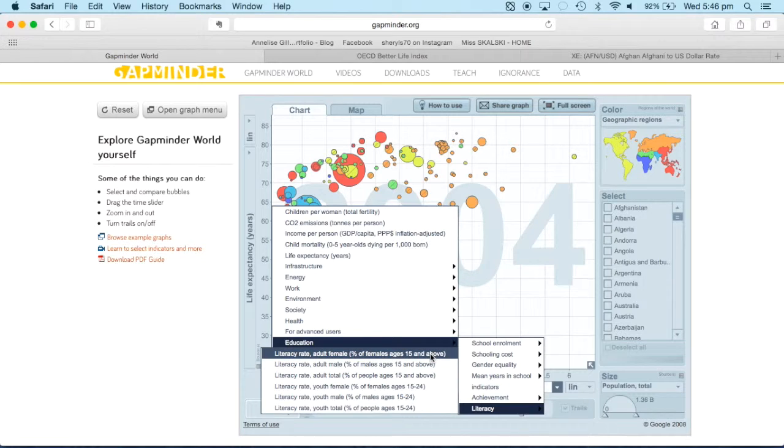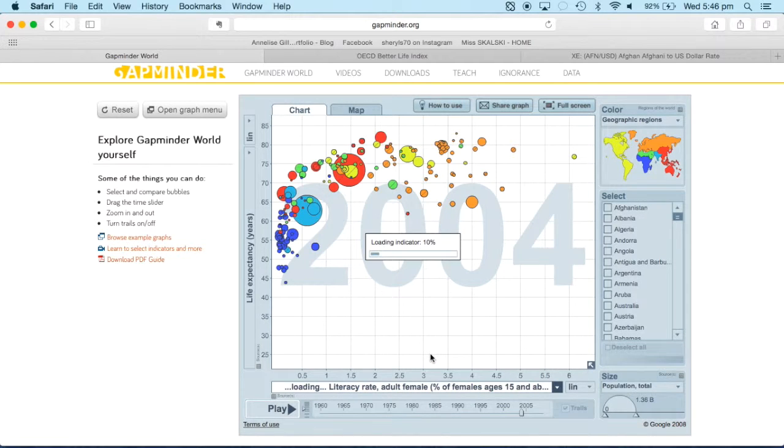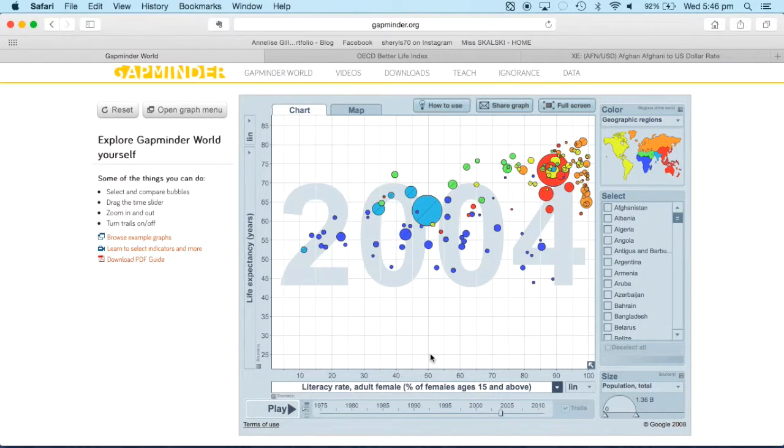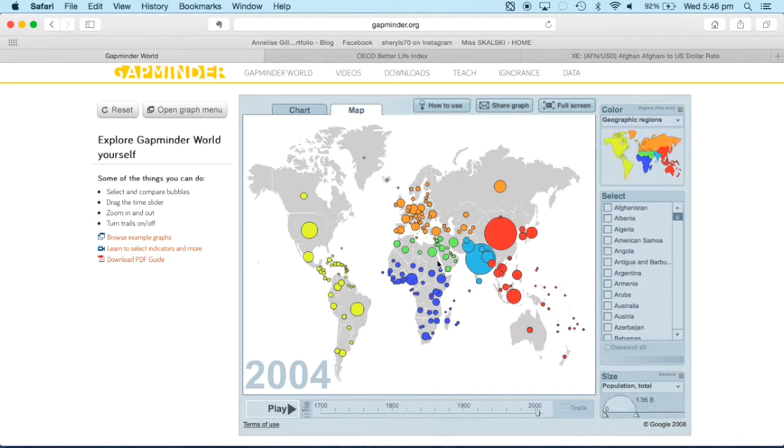So particularly looking at, well, whether it's male or female, literacy rates for male and female tend to be quite similar. But we can see here a whole range of countries. Once again, we go to the map, which makes it a little bit easier to read. If they have a high literacy rate, then education tends to be valued in those countries more so than in countries with smaller literacy rates.